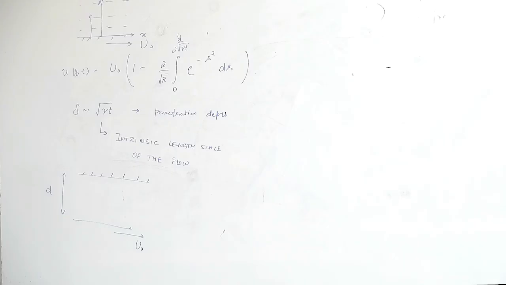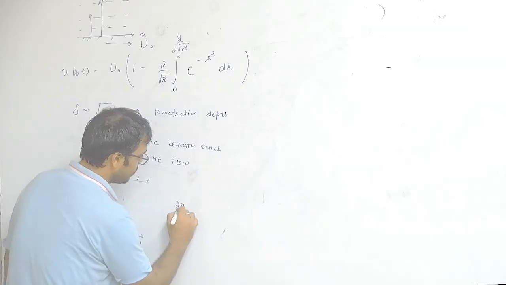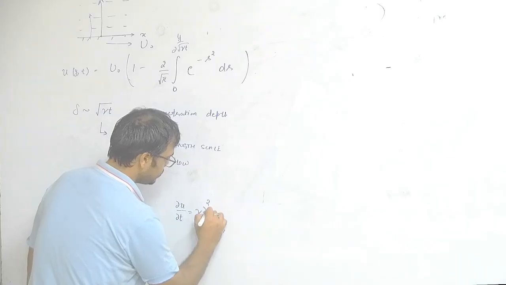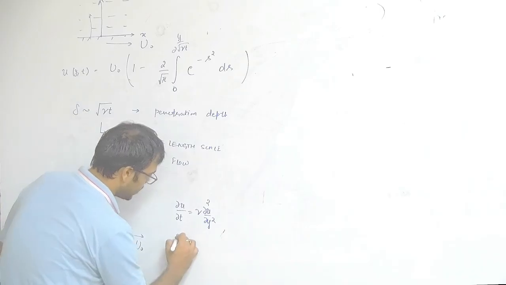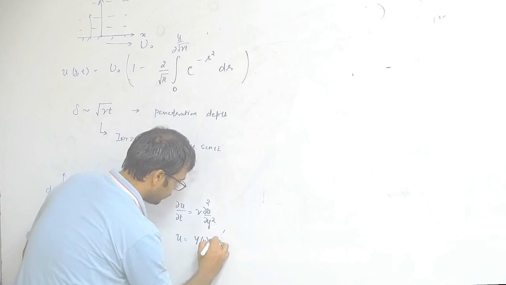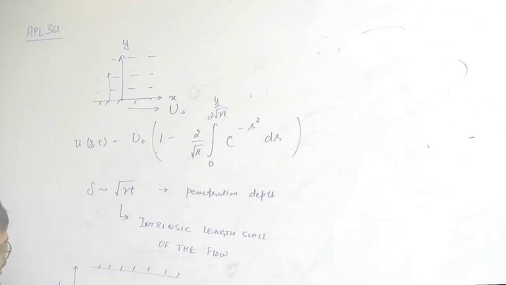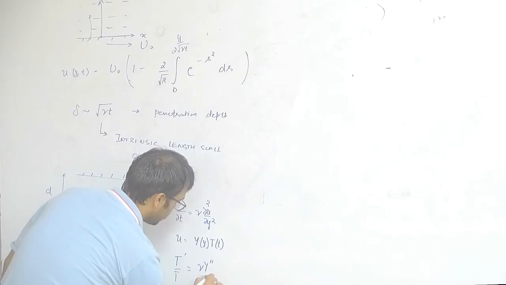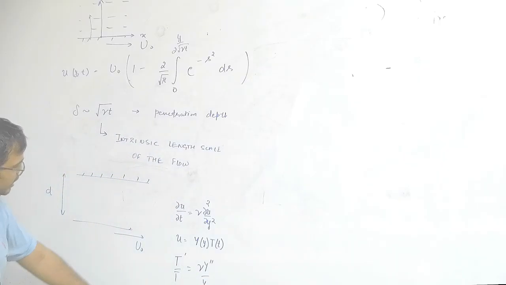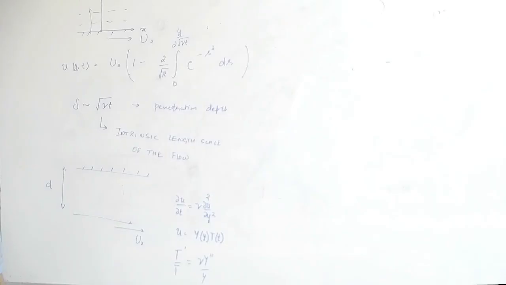The standard technique of separation of variables works in these cases. You can write down the same governing equation and solve this problem by assuming separation of variables, which gives T prime by T equals nu Y double prime by Y. The left hand side is purely a function of time, the right hand side is purely a function of y.